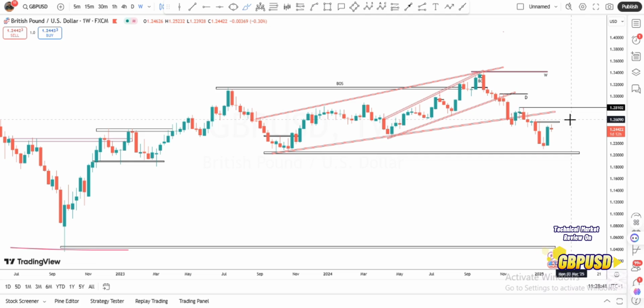So now you can see that last week we had a very strong bullish candle, right? If you look at the price action within this market, the sellers have been gaining control since last year September, and you can see that we only have a few bullish candles.